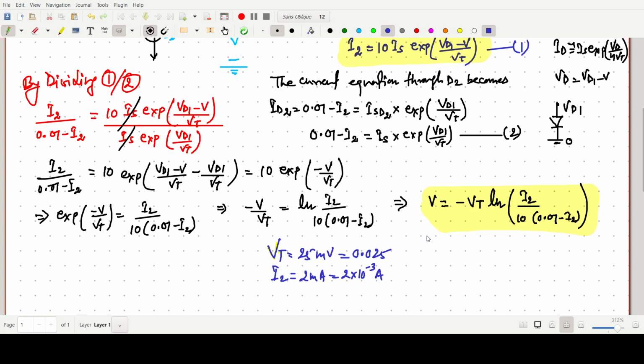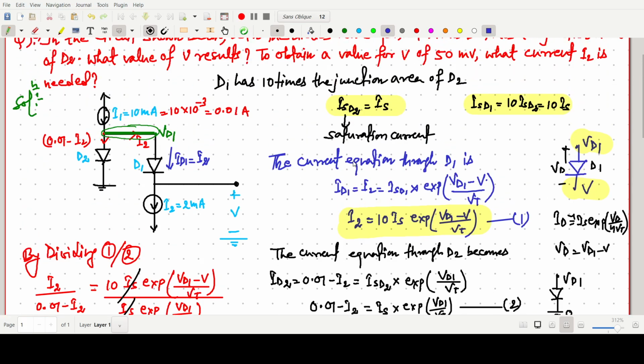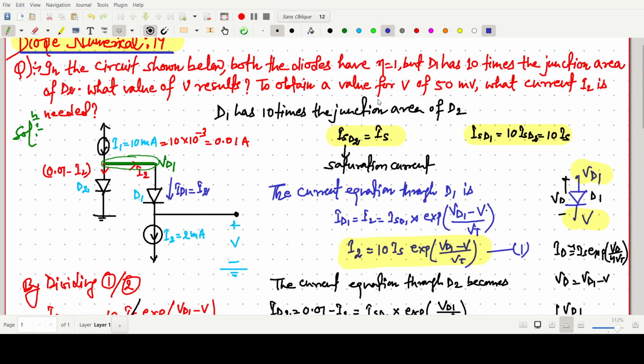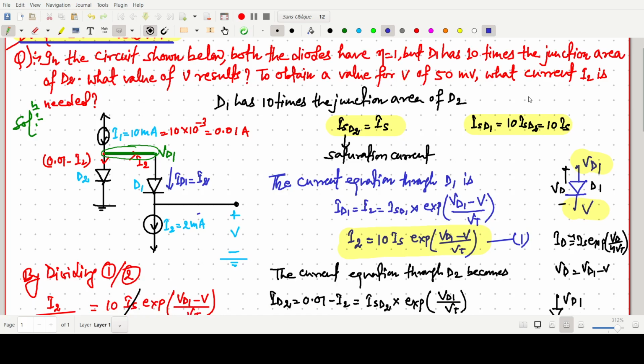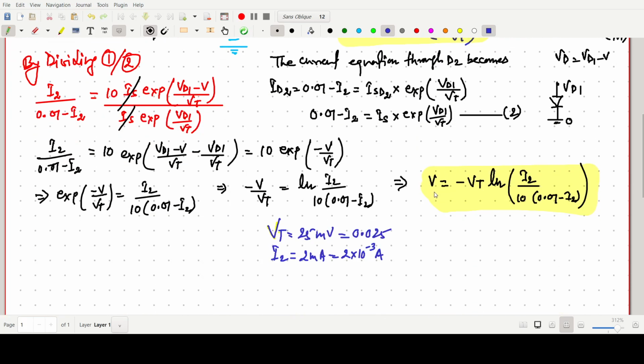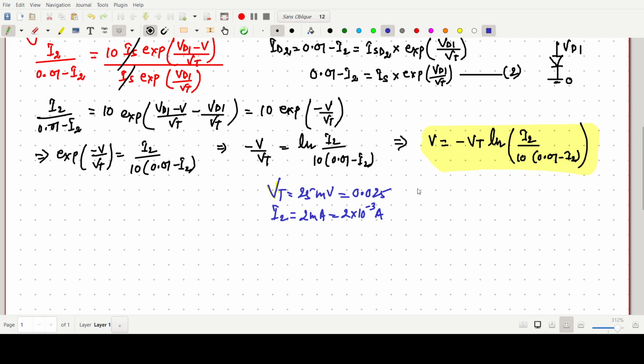Now we have to find V, because in the question they are asking to obtain the value of V. First we have to find what value of V results, then after we have to find what should be the current for 50 millivolt. First we have to find the V. So V equals minus 0.025.